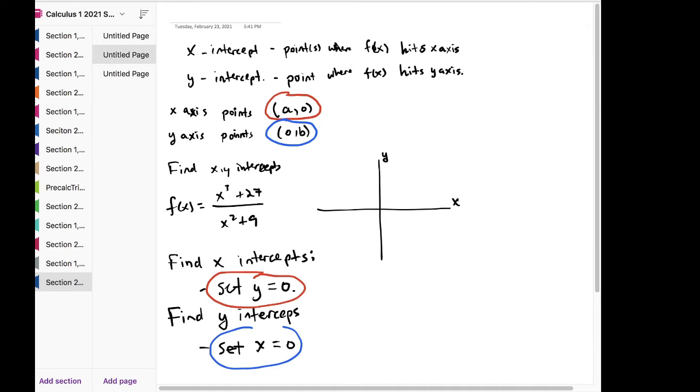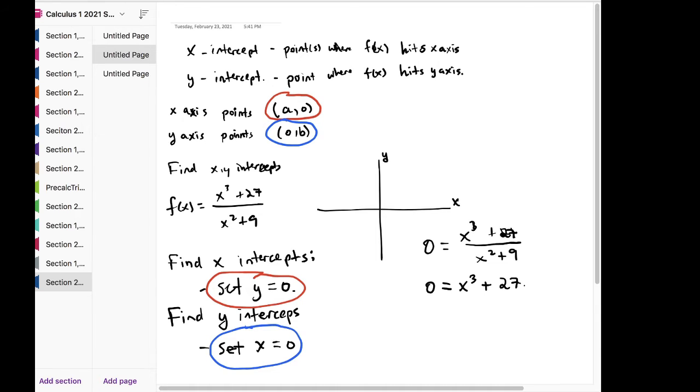So at this point, it's just a matter of plugging that in and then solving. If you set y equal to 0, you get 0 is equal to (x cubed plus 27) over (x squared plus 9). And you notice that a fraction is 0 only if the numerator is 0. So this is equivalent to asking when is x cubed plus 27 equal to 0?